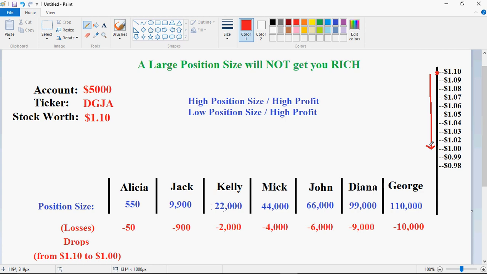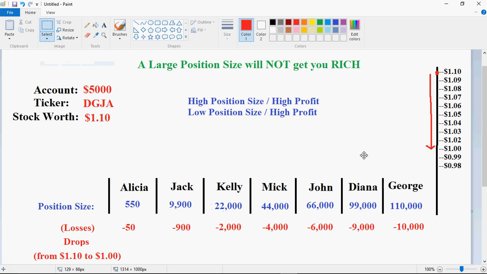You see what I'm saying? You didn't consider that. Before you make a good judgment of what to do, you have to consider: yes, high position size will give me a high profit, but if it goes in the opposite direction, high position size could give you a high loss.